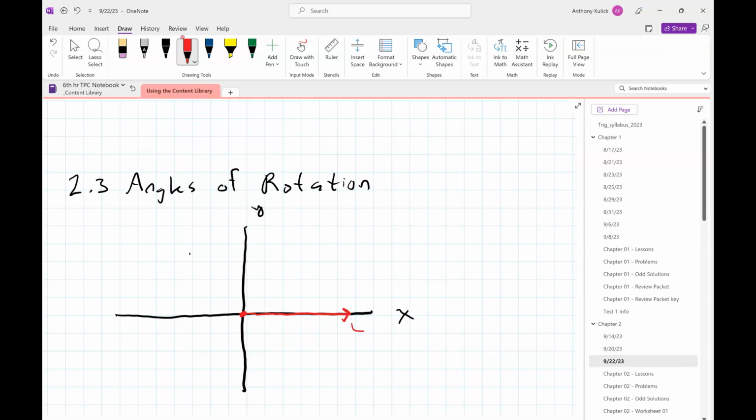We call this the initial side, the side that's on the x-axis. Angles that are formatted this way, where the vertex is at the origin and one arm lies on the positive x-axis, we call standard position angles.